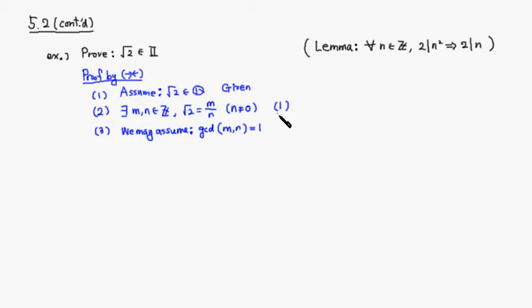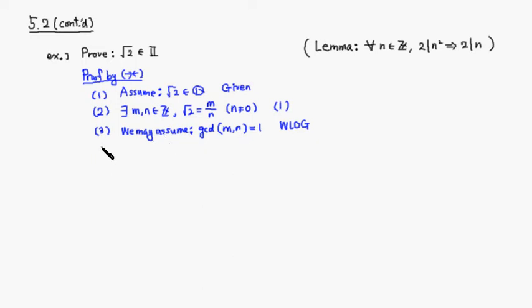This is without loss of generality, because if the greatest common divisor of the numerator and the denominator is bigger than 1, we can simply divide the numerator and the denominator by that number, and then we can reduce it even further. So we just assume that m over n is a fraction reduced all the way.